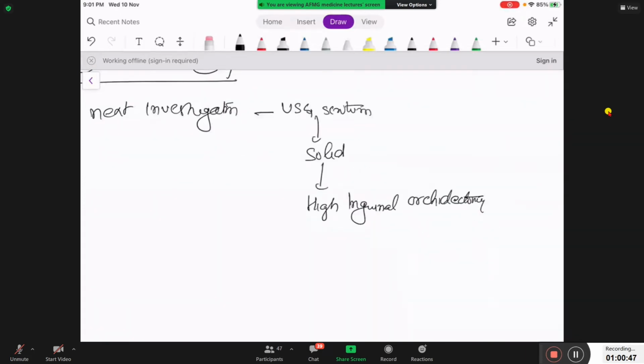We will do orchidectomy directly. No transscrotal biopsy, no FNAC.